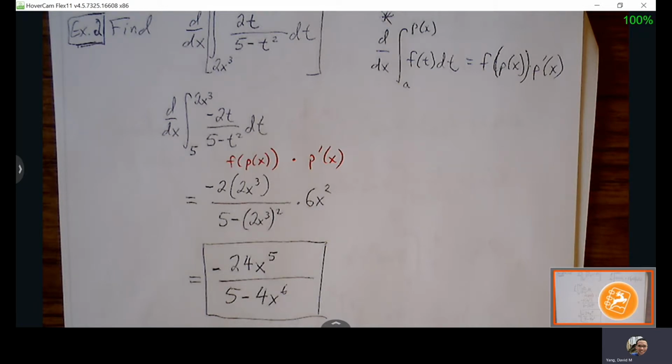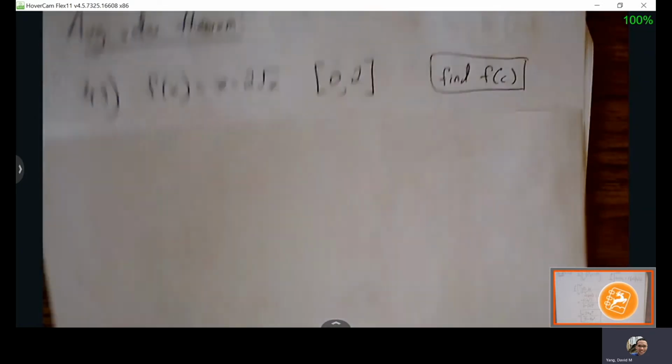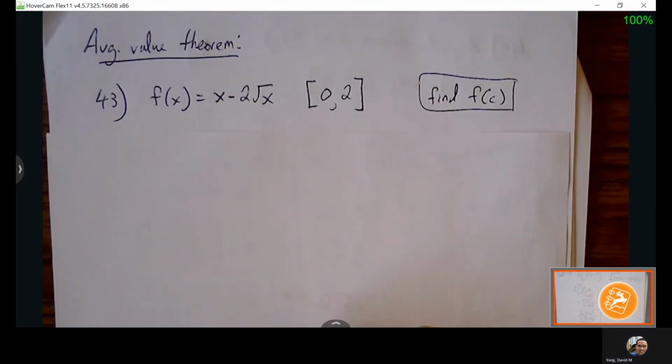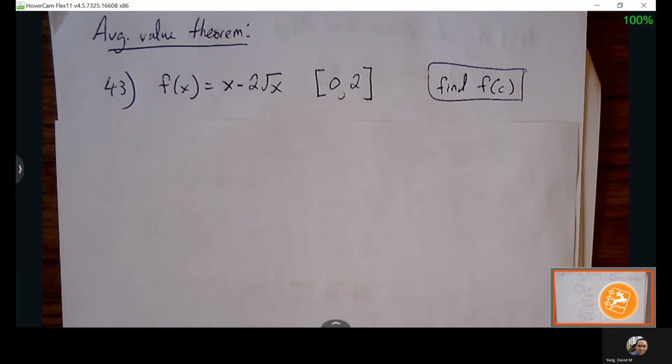You don't have to find the C value, just do the average value theorem and find f of C. This is 43 from your textbook or homework.